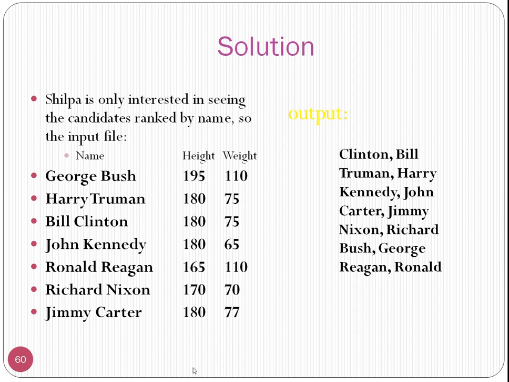Second, it will be Harry, John, Jimmy, Richard, George, and Donald. This will be your output to find the partner of Shilpa, by considering the criteria which have been mentioned by Shilpa to find her dancing partner.